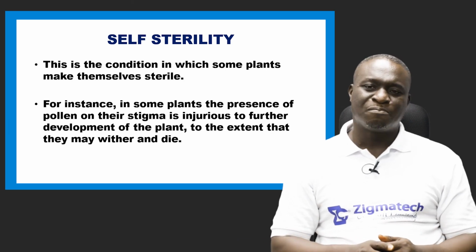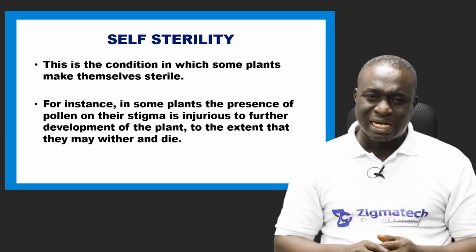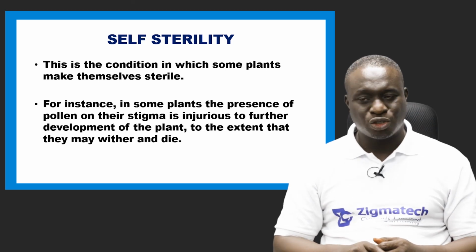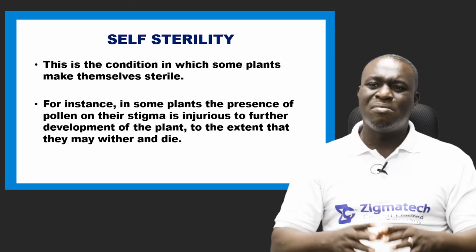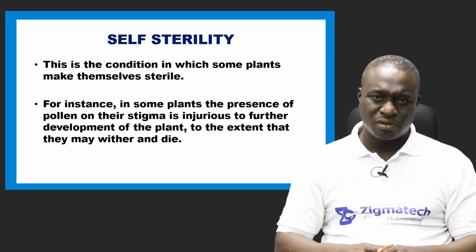And the third one is self-sterility. Self-sterility is a condition in which some plants make themselves sterile, unreproductive.